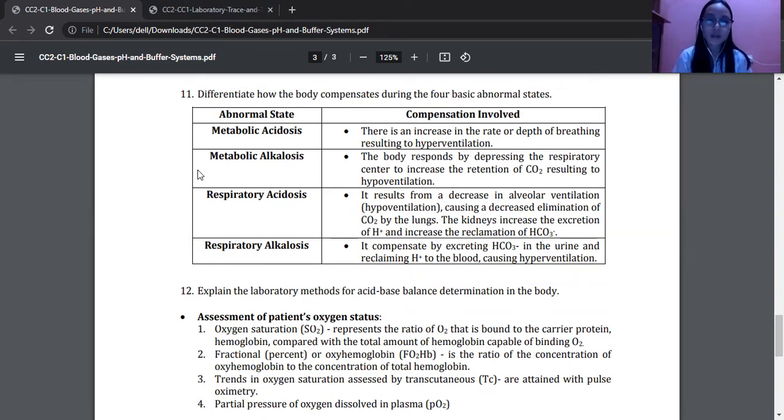While in metabolic alkalosis, since there is an excess of bicarbonate, carbon dioxide will go up, and the rate of breathing will decrease, resulting in hypoventilation.